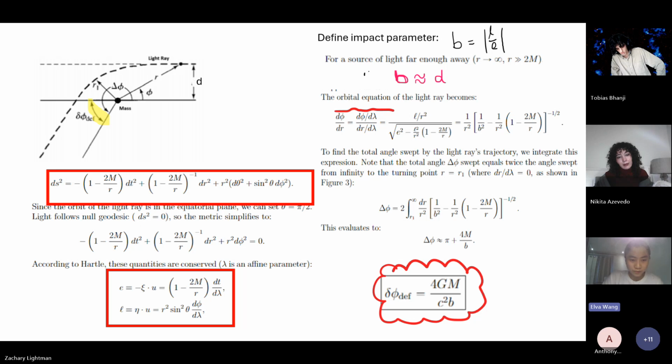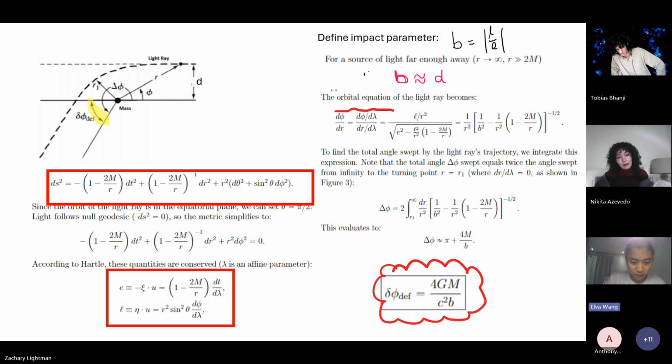Following the derivation, we used the metric for a black hole, which is the fancy stuff in the red square, because the metric describes the geometry of space-time around the black hole. So we can use it to describe the trajectory of light.